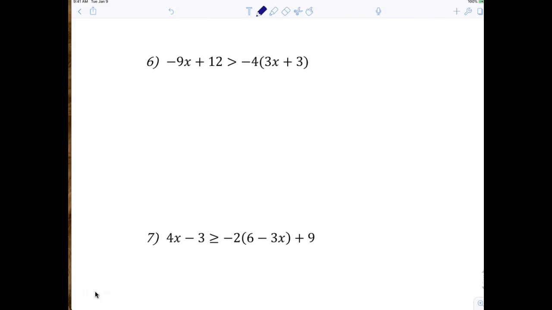All right, number 6. Negative 9x plus 12 greater than negative 12x minus 12, right? So 3x is greater than what?